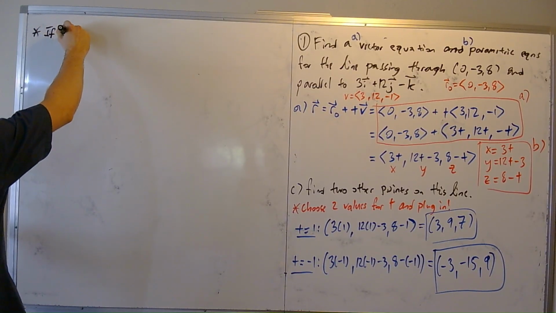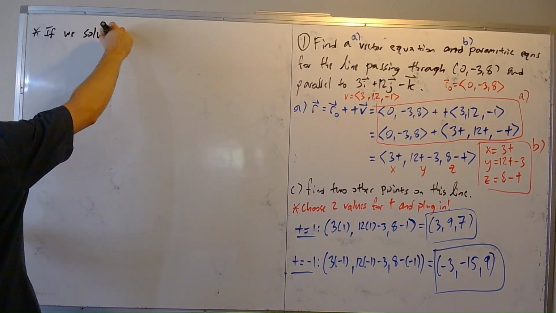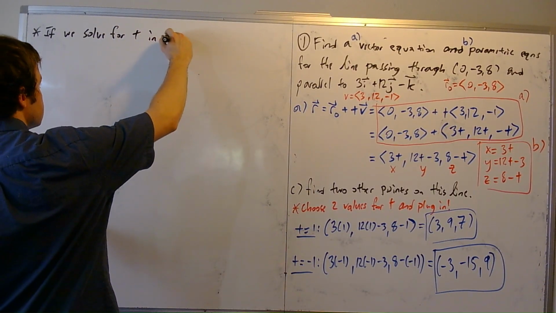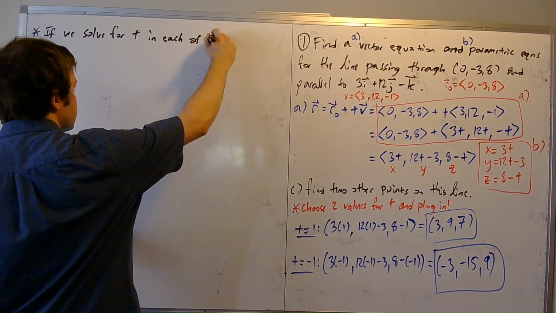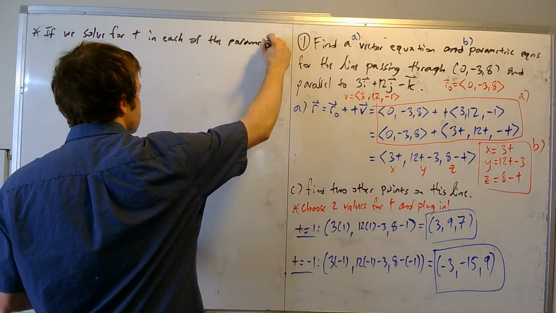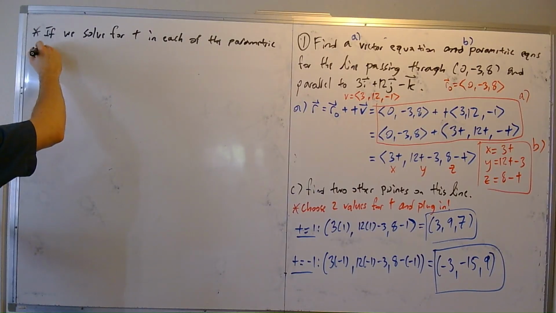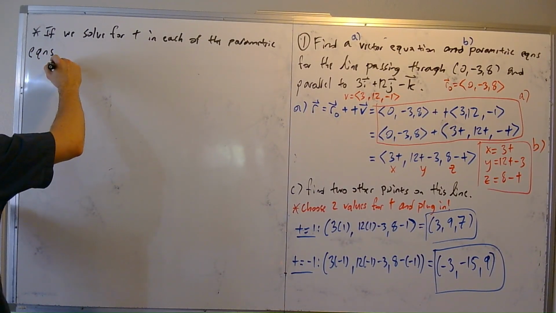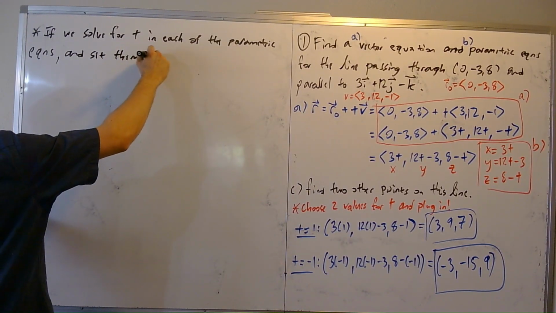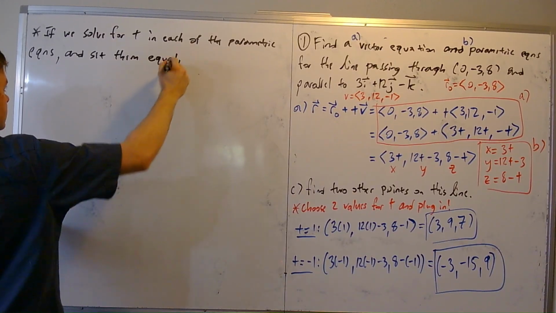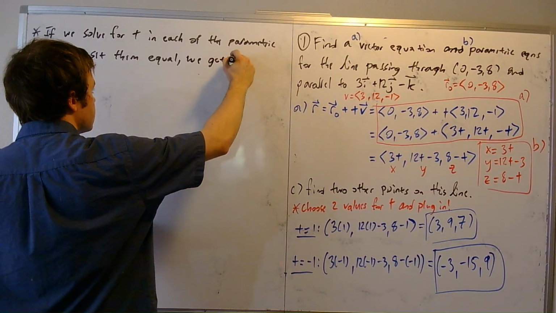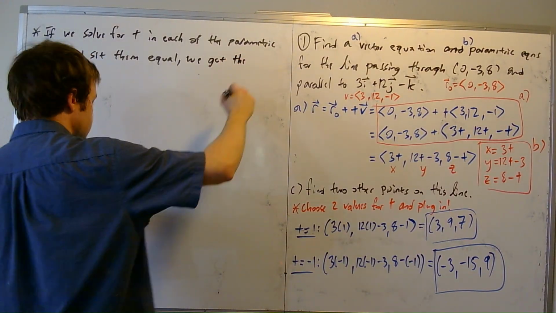If we solve for t in each of the parametric equations, and set them equal, we get the symmetric equations.